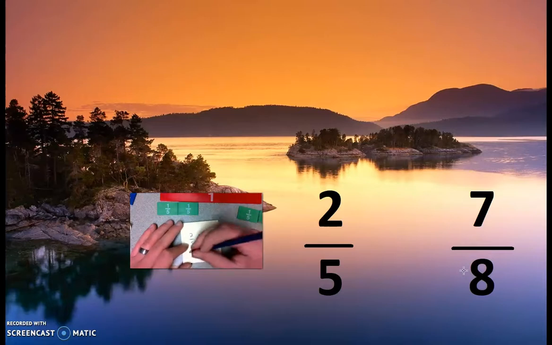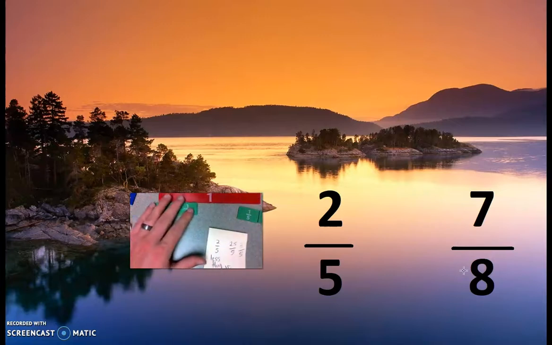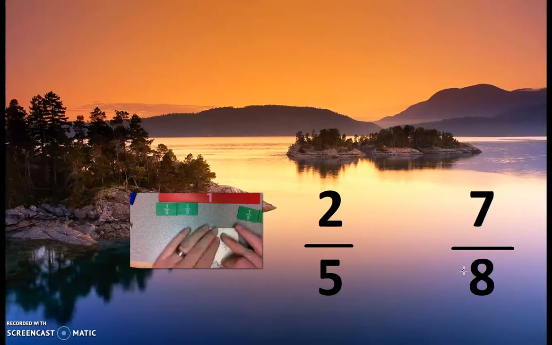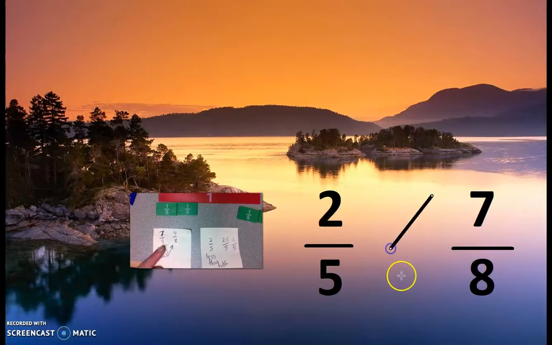So 2/5 is less than half of the pizza, or of the chocolate bar. So, this one's less than half. 2 out of 5 we know is less than half, and we know 7 out of 8 is way more than half. So we know then that the 7/8 is going to be greater, or bigger, than the 2/5.